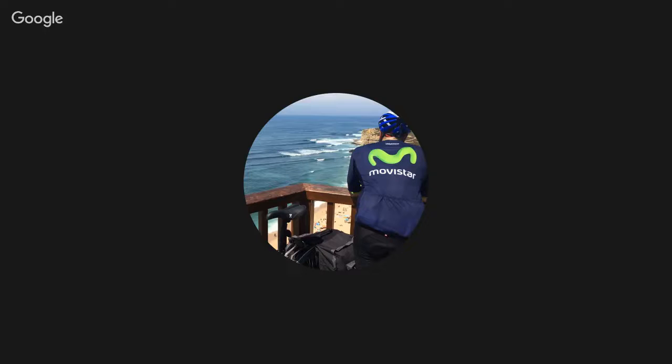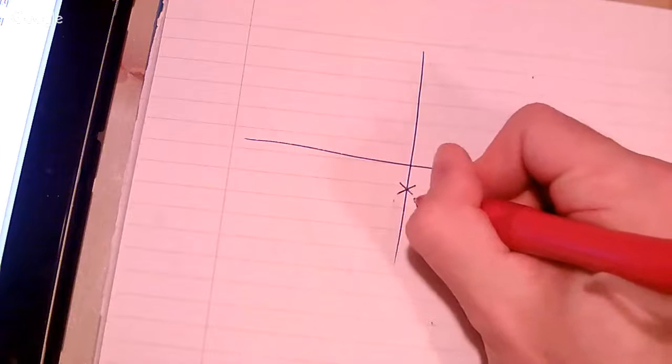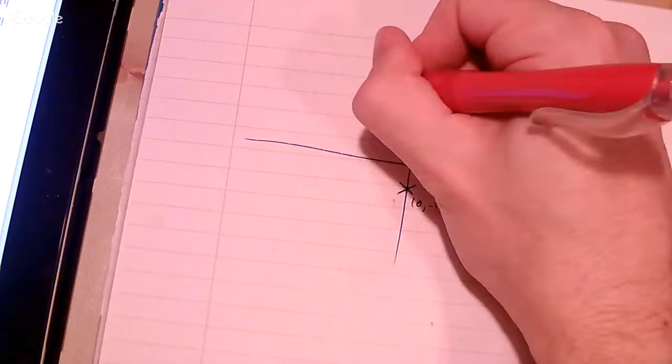So cubic graphs tend to look, oh, sorry, camera's gone again. Should come back now. There we go. So what we need to do is plot the stationary points. So I had 0, -1 being one of them, and I had -2, 3 being the other one.